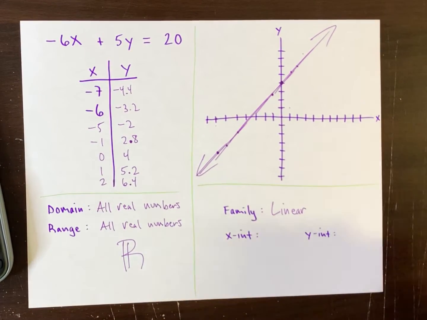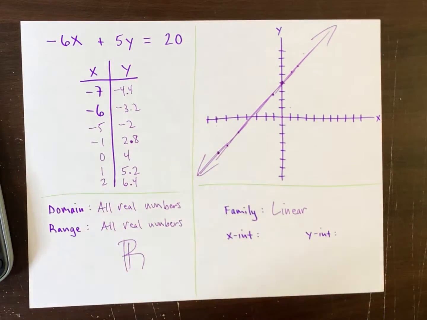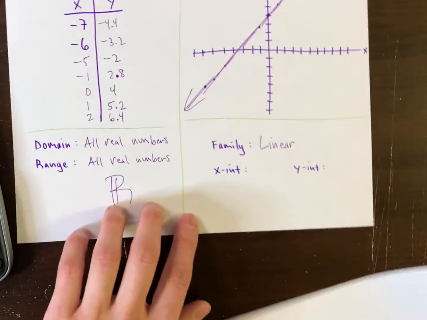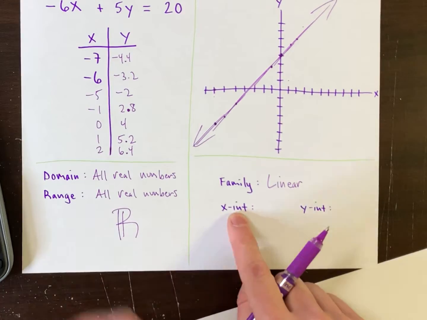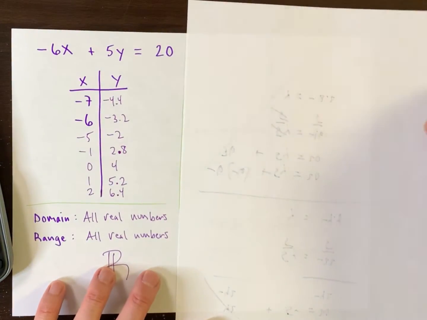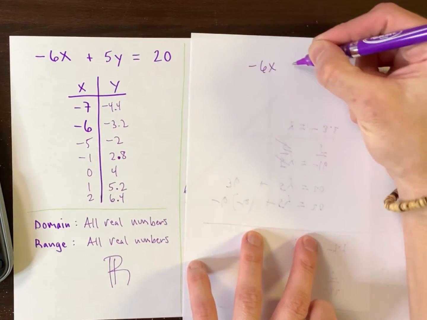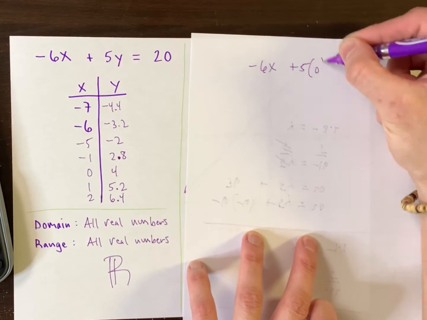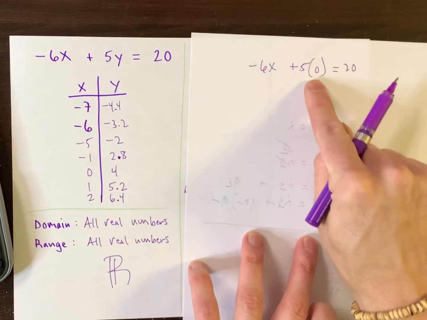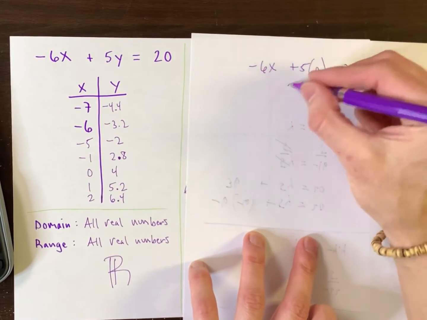Now, the only thing left to do are the intercepts. So here's one way of doing it. To find the x-intercept, you let y equal 0. So write this equation again, but instead of y, you put a 0 in for y. 5 times 0 is 0, so that's gone.